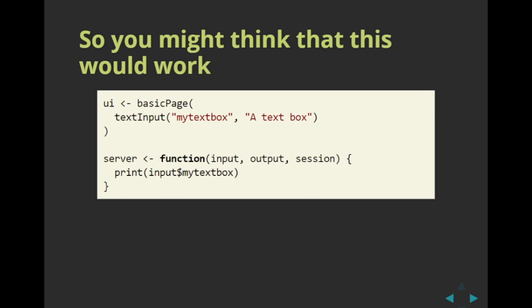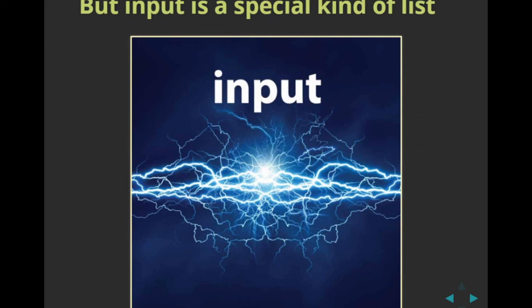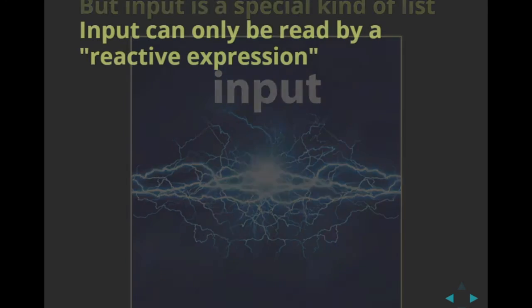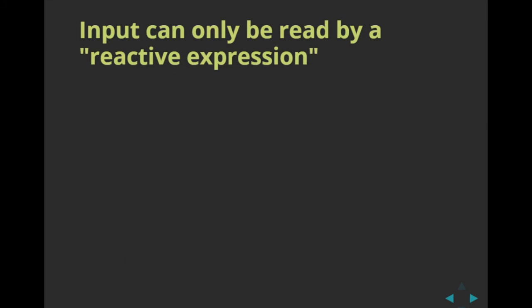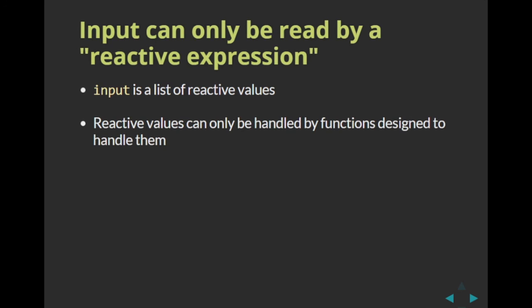But the problem with this is that input is a very special kind of list. Because it has those reactive values, it can't be read by itself by a regular R function. It needs to be accessed basically by a reactive expression. A reactive expression is designed to listen for the reactive value and to react to it. So input is a list of reactive values.